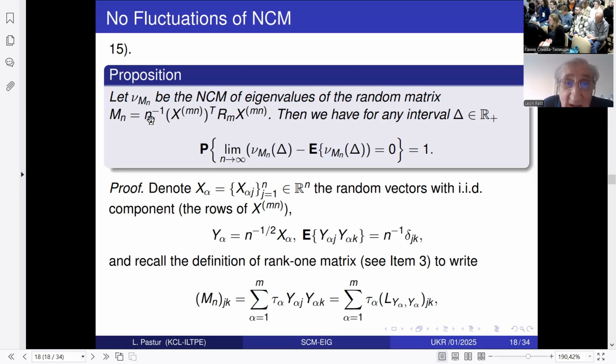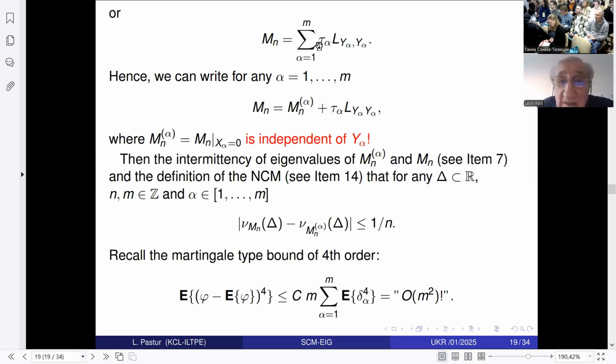This is just the form coming from that because R is diagonal. Yes, but now it is my interpretation, and I just would like to stress this interpretation, writing in just the whole matrices.